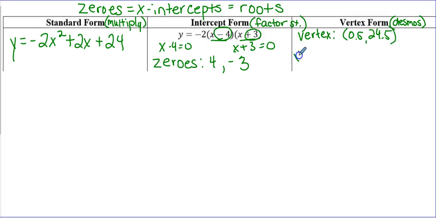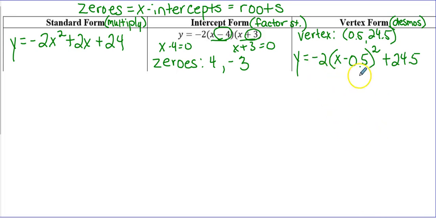That is going to go in that formula, y equals, now the a stays the same, the a doesn't change, so I still have that -2. In the set of parentheses, what goes in there is the opposite of this number right here. So x minus 0.5, and then it's always going to be squared. And then this number is going to get added to the end.